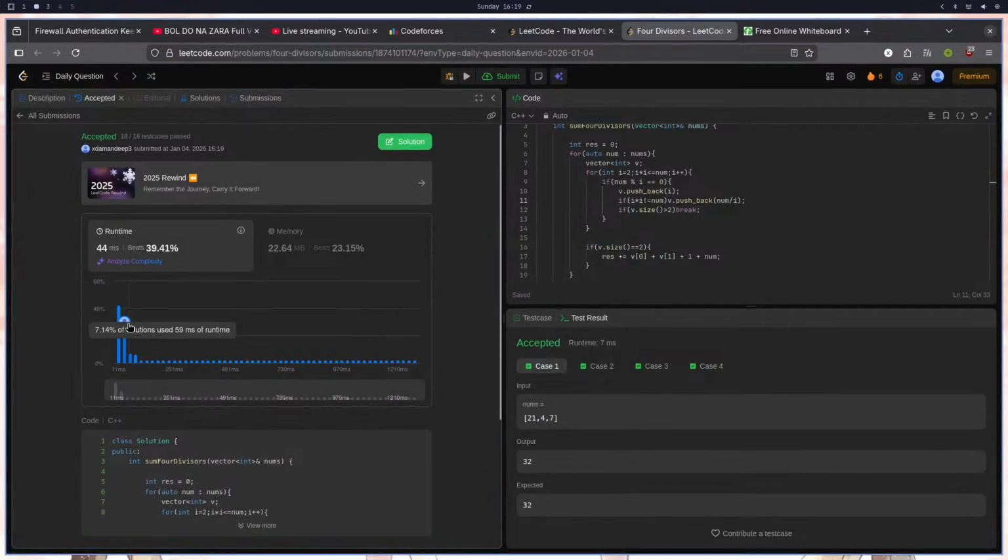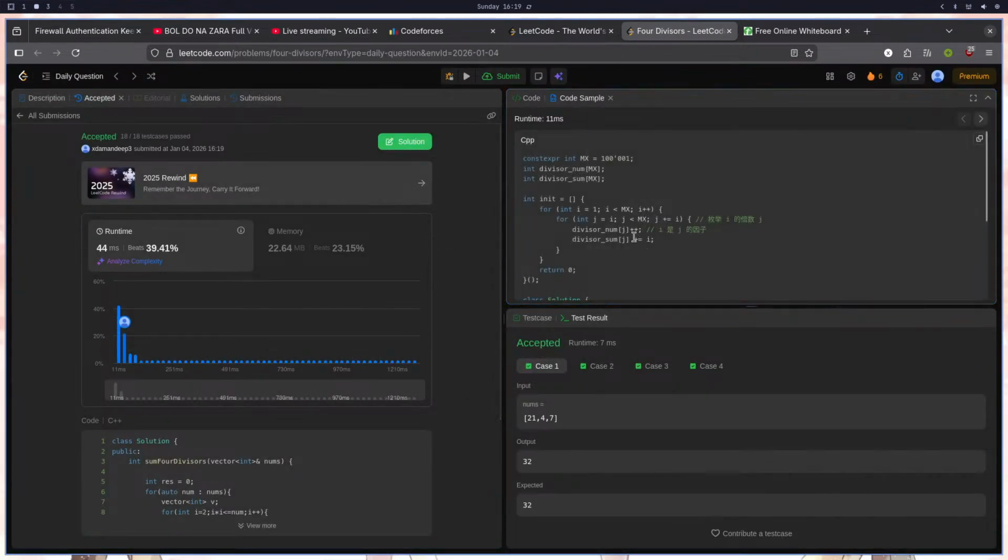But ये है शायद बेस्ट. For int i = 0, j = i, j <= mx, j += i.